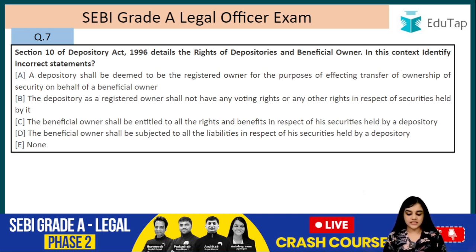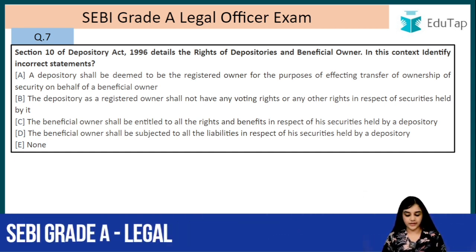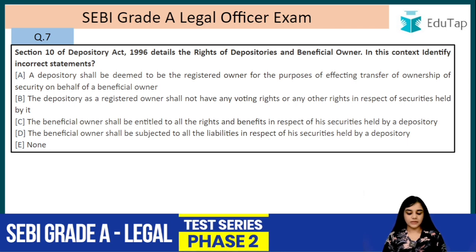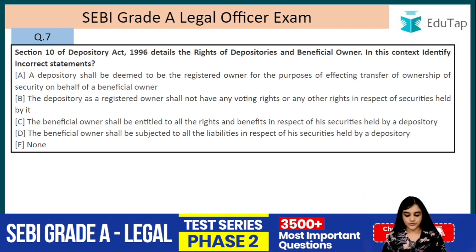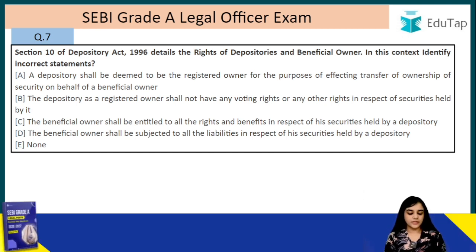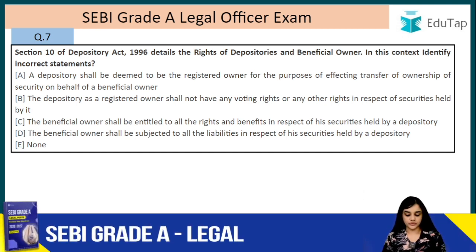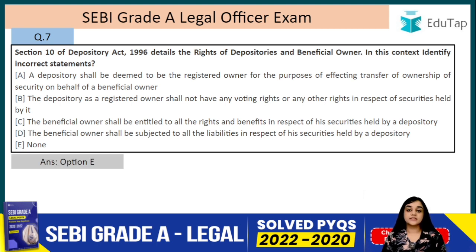The depository as a registered owner shall not have any voting rights or any other rights in respect of securities held by it. The beneficial owner shall be entitled to all the rights and benefits in respect of his securities held by a depository. And the last one, the beneficial owner shall be subjected to all the liabilities in respect of his securities held by a depository. So the answer to this question is E, that is all of these statements, they are incorrect.